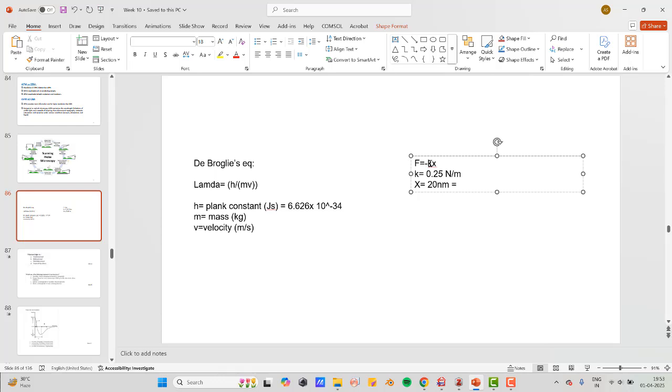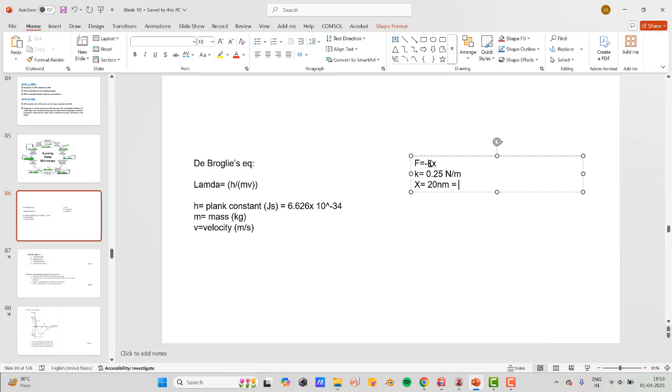what are the options? Can you tell me the options? 5 is the correct one.